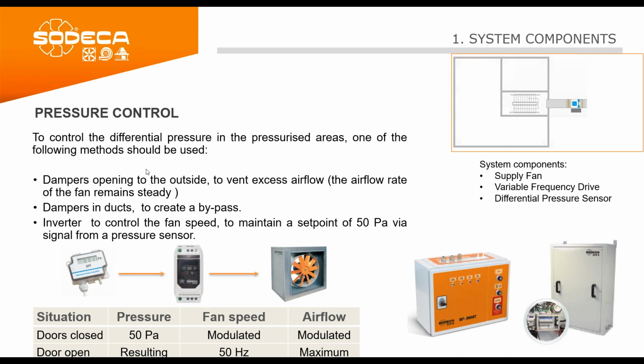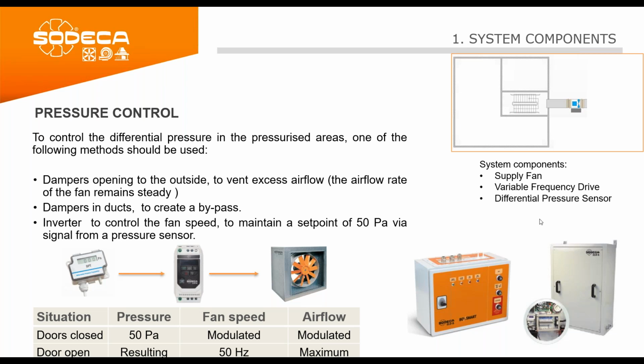In this case, in the closed door scenario, the pressure will be 50 pascals inside the stairwell, and the fan speed and the airflow will be modulated. And for the open door scenario, the fan speed and the airflow will be the maximum that the fan can give, and the pressure will be the resulting, depending on the number of doors that are open.